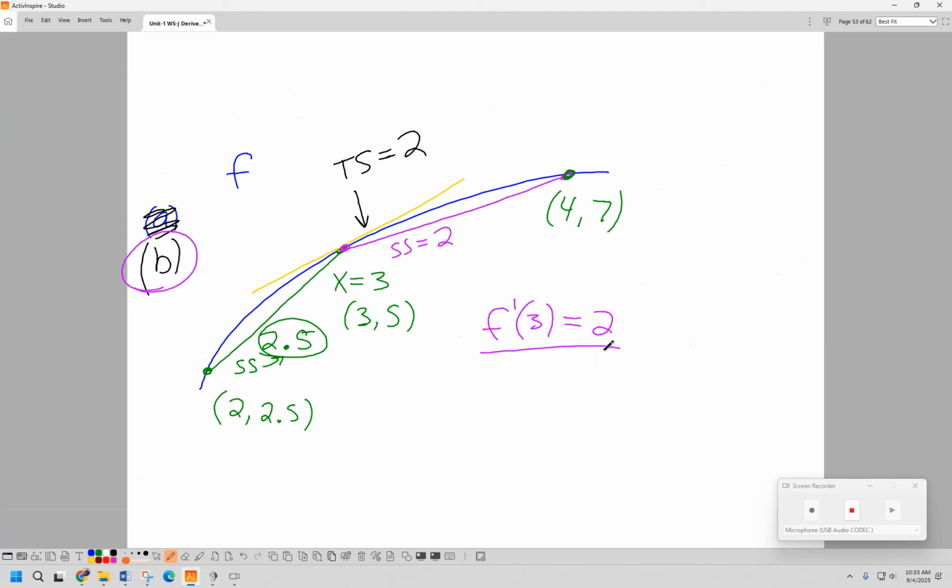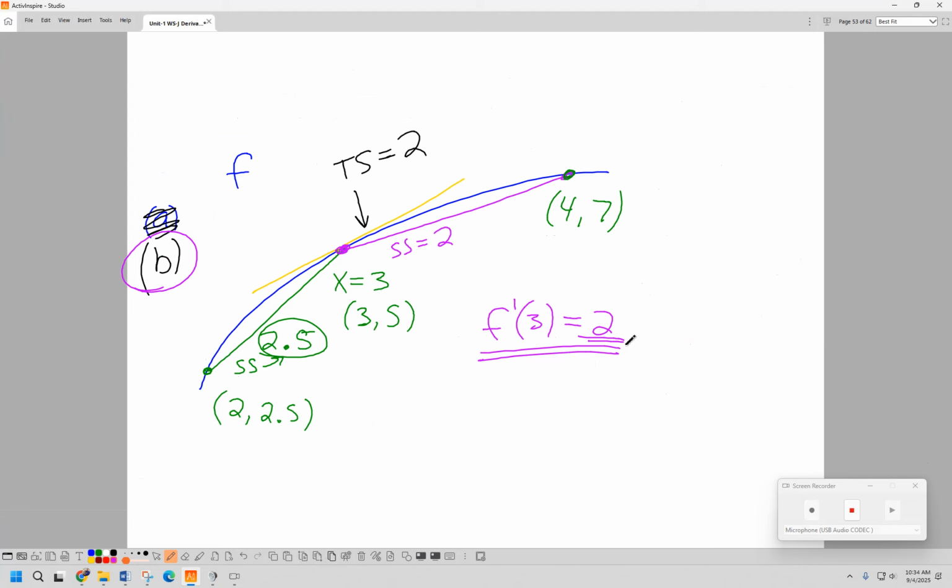That means the tangent slope of this graph called f at this dot must be 2. You can't draw a curve that is concave down and have the yellow slope be the same as the purple slope. But it's not the same as the green slope either. Different than the green is fine.